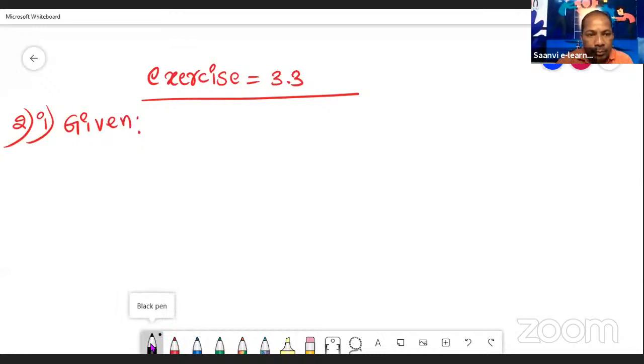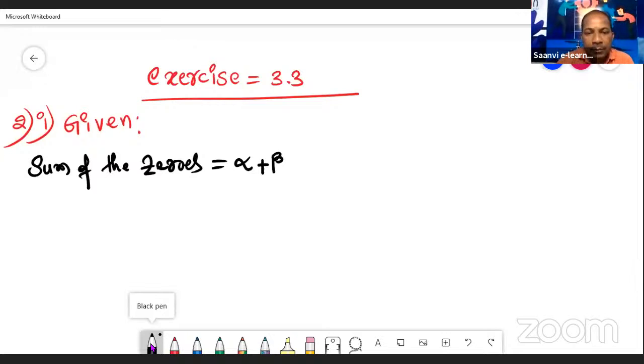The two numbers, sum of the zeros and product of the zeros. First of all, the sum of the zeros. The two zeros we will take as alpha and beta. So the sum of the zeros means alpha plus beta, and it is given as 1 by 4.